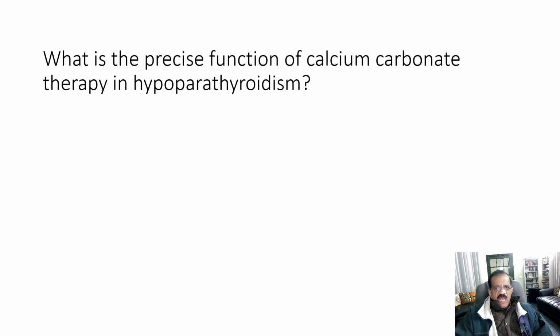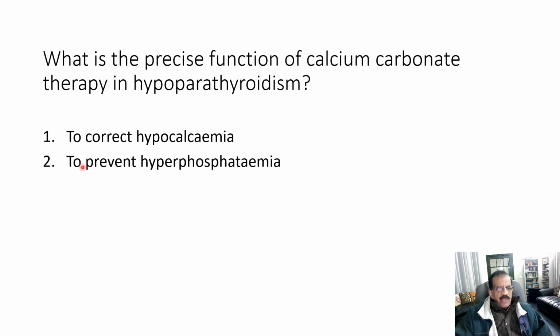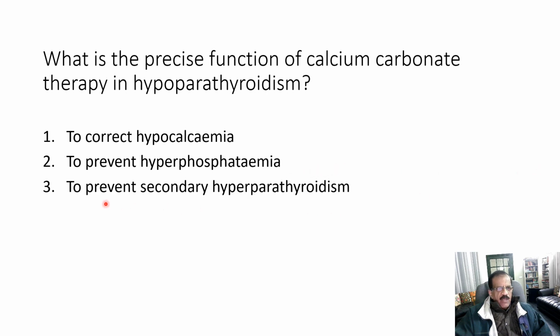What is the precise function of calcium carbonate therapy in hypoparathyroidism? I think it will quickly correct hypocalcemia because it is calcium, and it is given to prevent hyperphosphatemia. It binds with phosphate, and prevents secondary hyperparathyroidism.